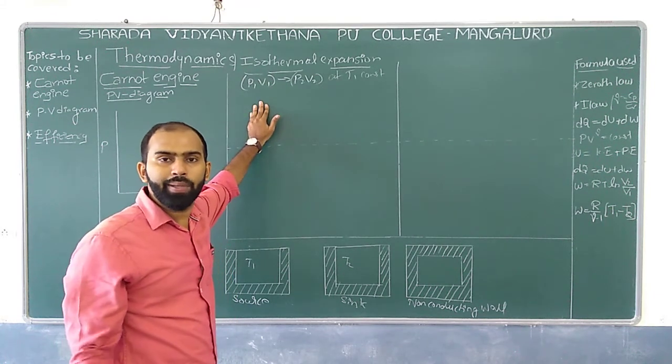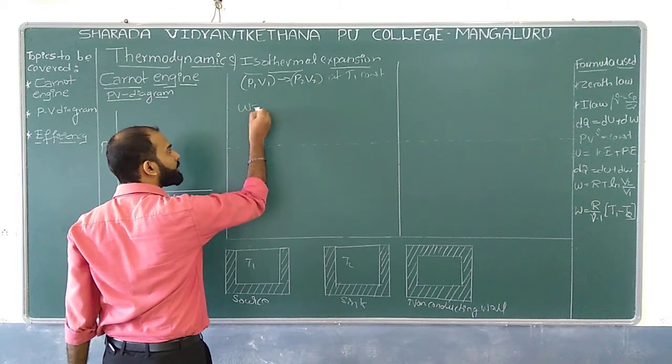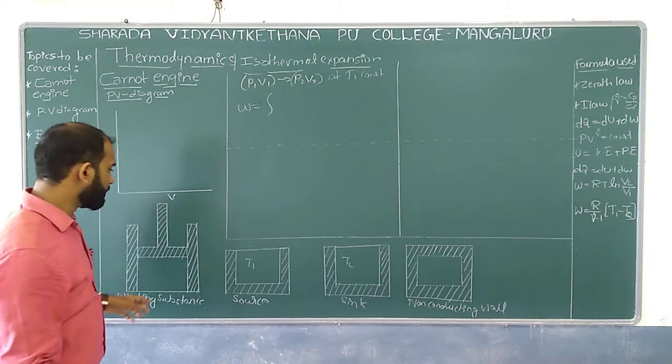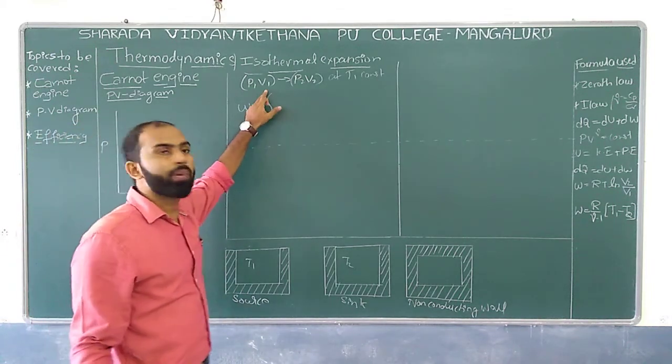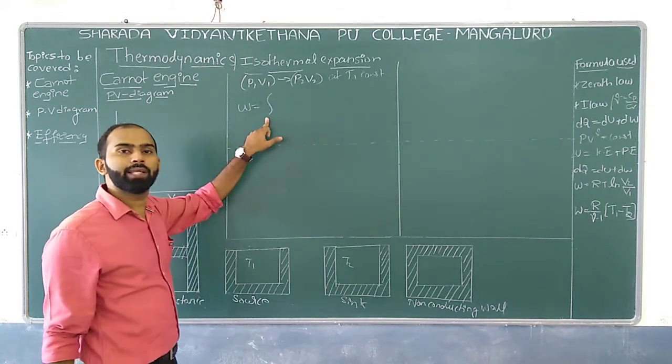Now, what is the work done we can expect over here? So what is the work done? It's the work done which is equal to the integration where the volume is varying from where to where? V1 to V2. So what is the lower limit I can expect here?